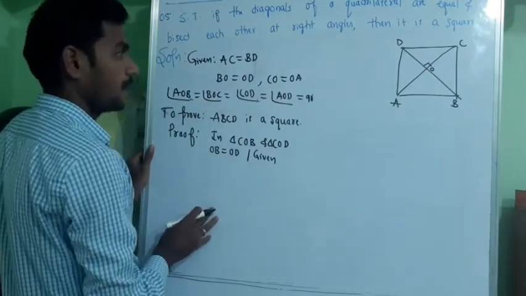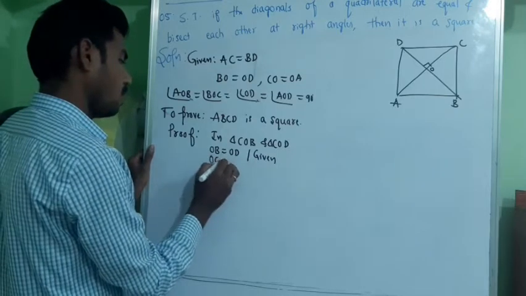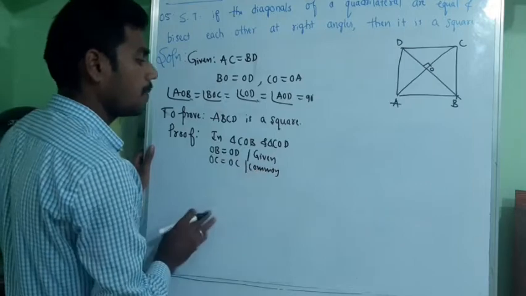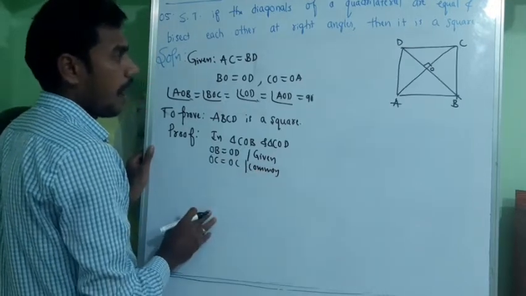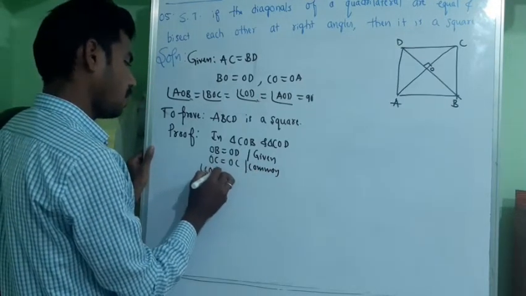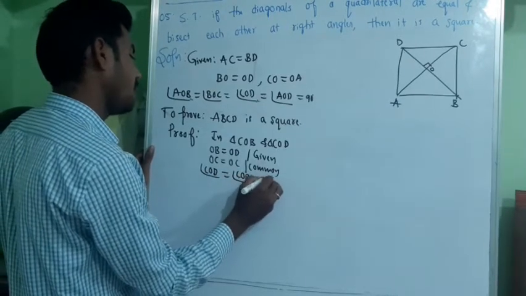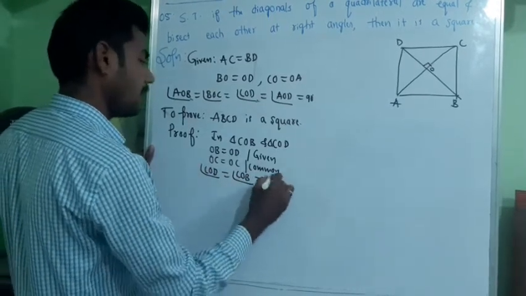Next, OC is equal to OC, it is a common side. Next, angle COD is equal to angle COB, this is also given, which is equal to 90 degrees.